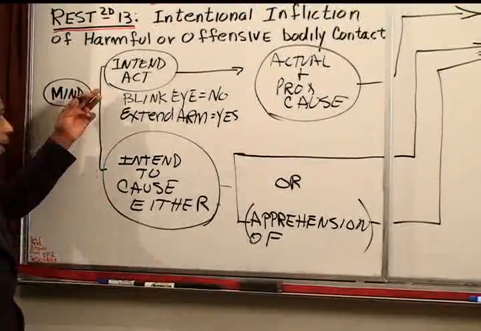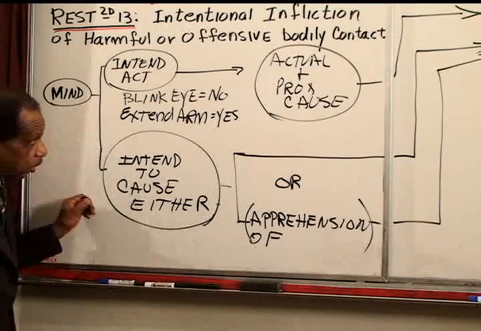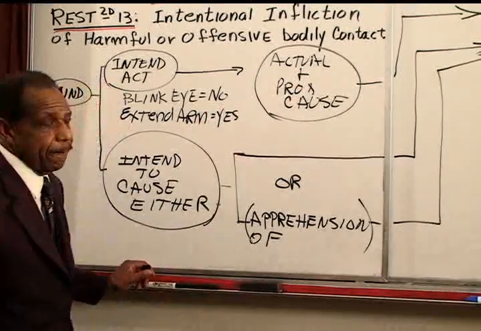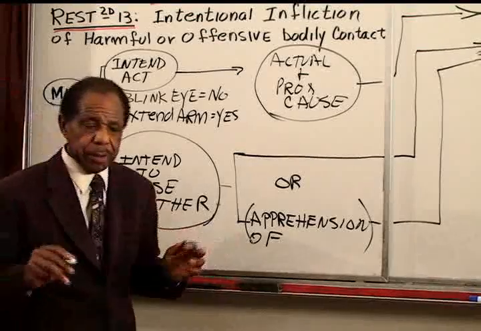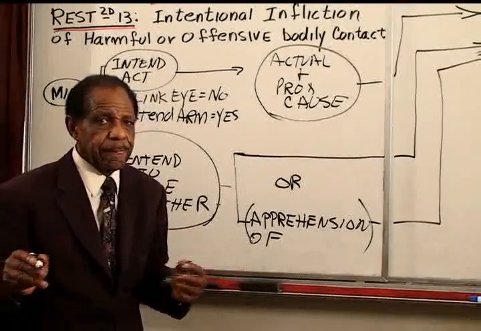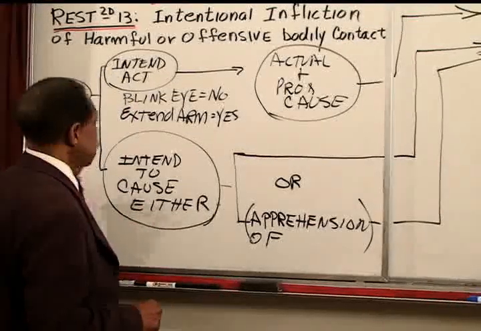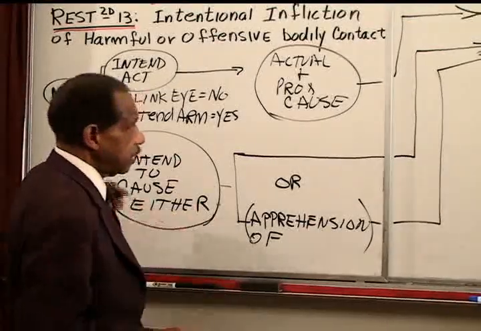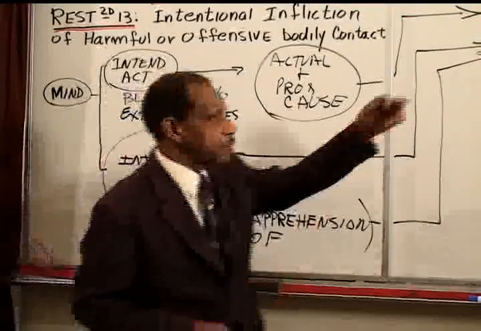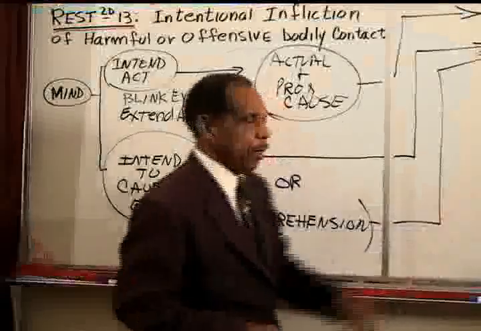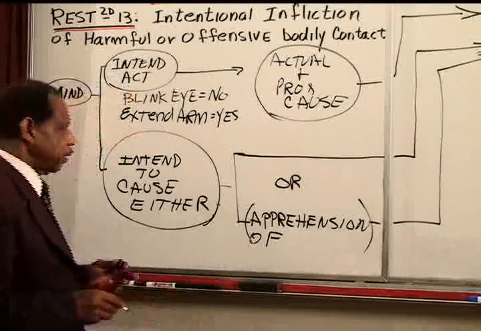They have to intend the act, and they have to intend to cause the requirement for the tort. Now, if this had been assault, and it's not, we'd have the same thing in the sense that the mind must intend to cause the apprehension that's required for assault. Okay? We'll deal with that more thoroughly when we get to assault.